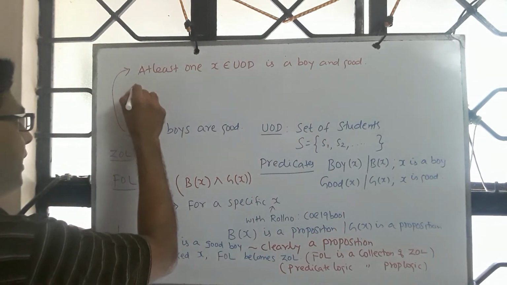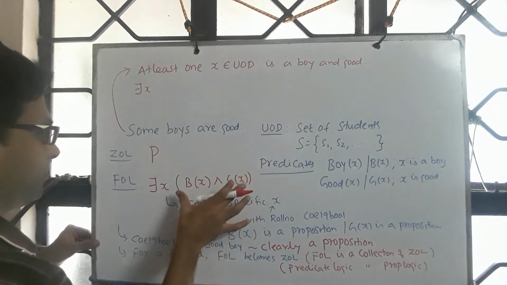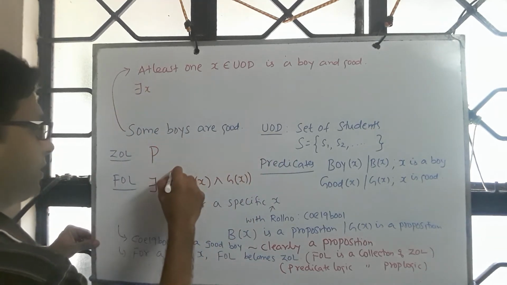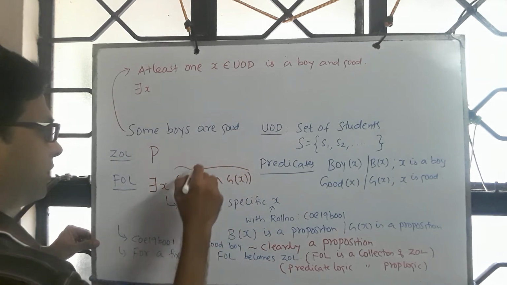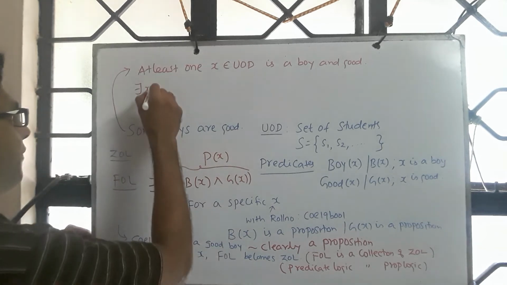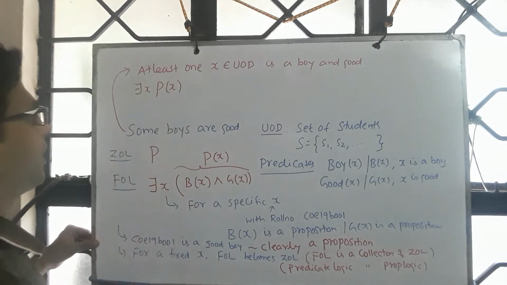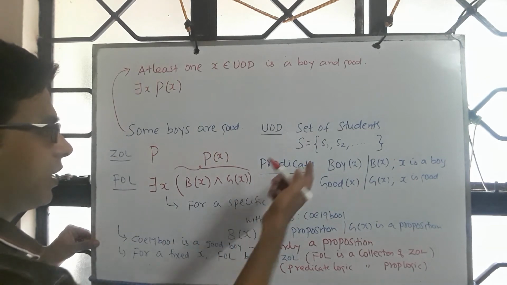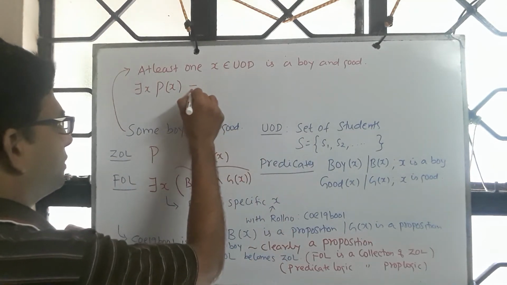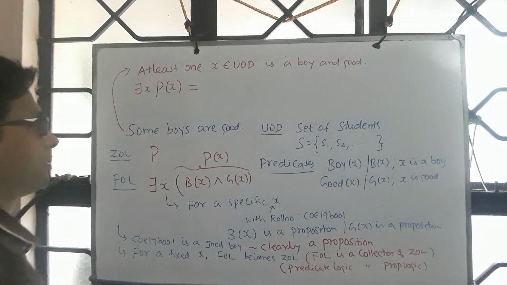So when we say there exists X, some predicate, let me call it some predicate, say P of X. When we say there exists X, P of X, this is precisely what this says.